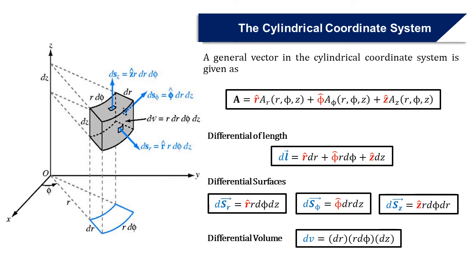So, pwede pa lang sa r na component, may mga z and phi na dyan.